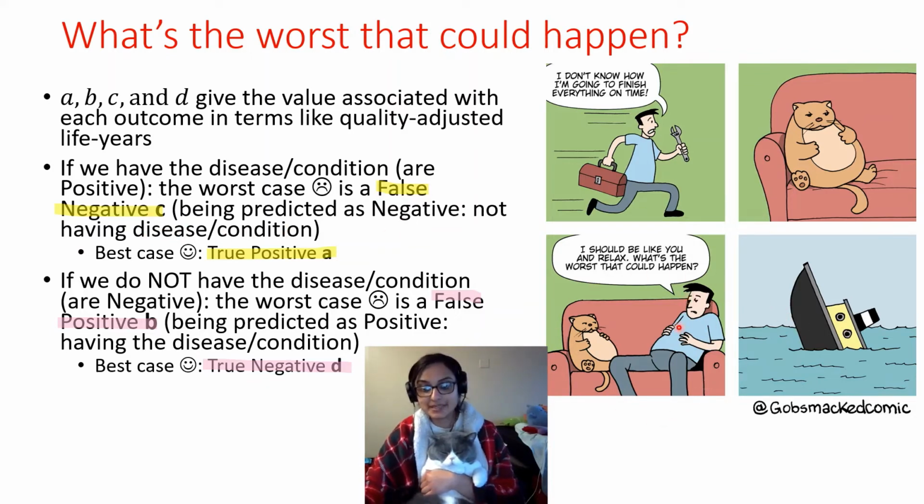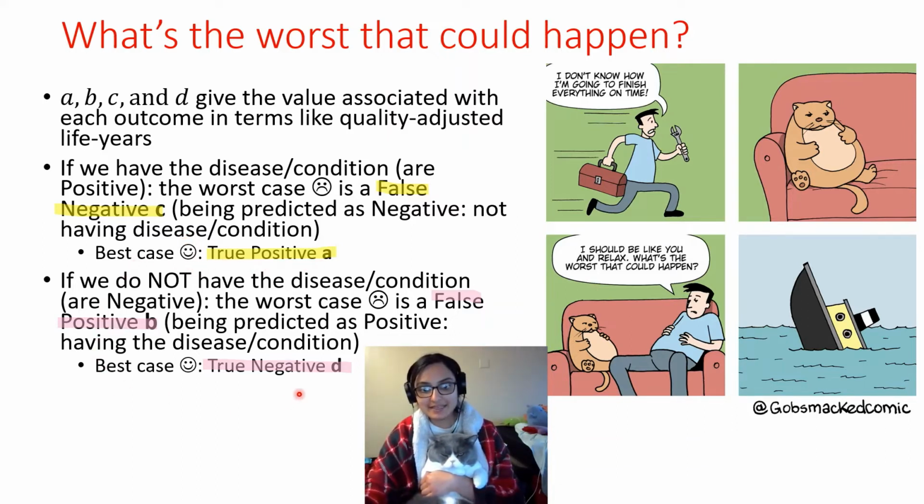But in the best case, I will be a true positive. The predictive model and the clinicians will correctly predict that I have the condition if I have it. So here, it's not ideal to have the condition, but let's say you have it. The worst case is that it's not even detected properly. Well, the best case is that it's detected properly.